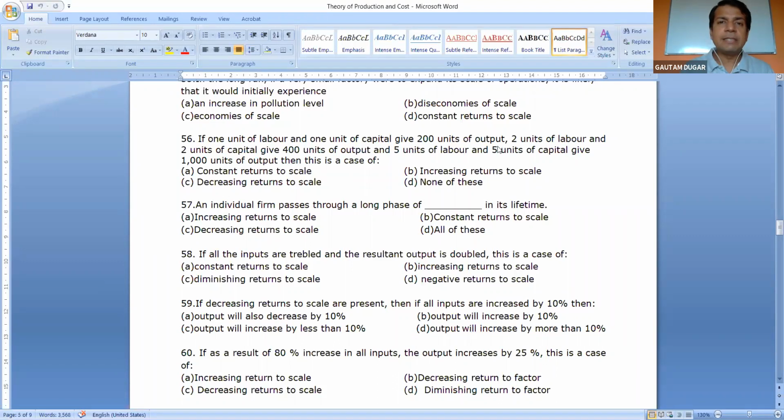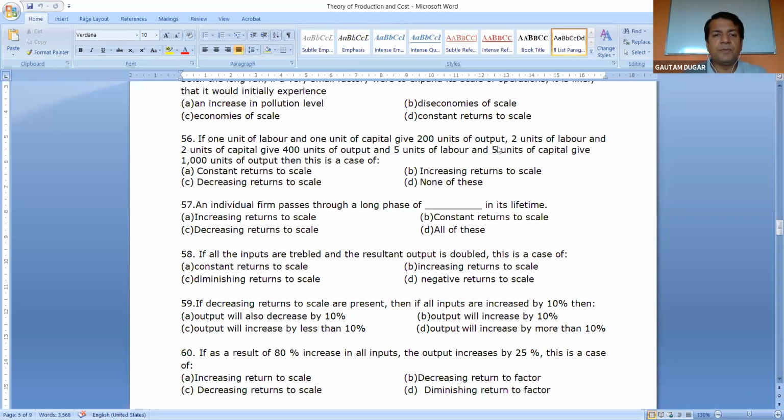Then we call it increasing returns. But here, output has increased in the same proportion. Try to read the question properly. One labor, one capital, 200 units. So now you have doubled the labor, that is, one became two, capital also doubled, and output is also just double, 200 to 400. So that is not increasing returns, that is constant returns to scale. 56.